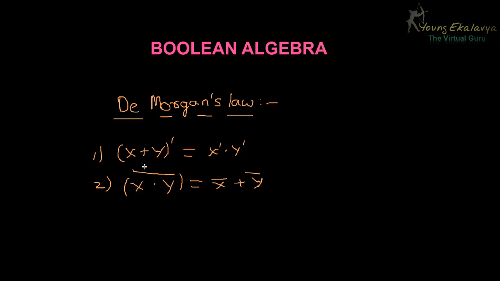We have an OR symbol, but we need to simplify this equation or some problem using only this, and then we can use these De Morgan laws and simplify that. Got it?